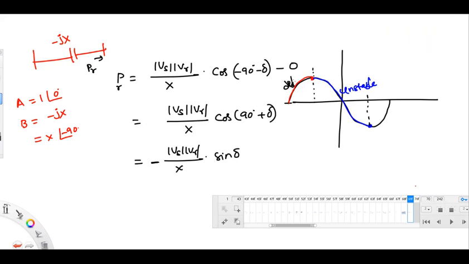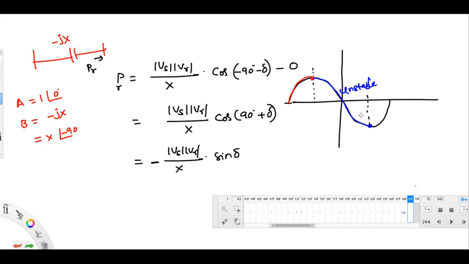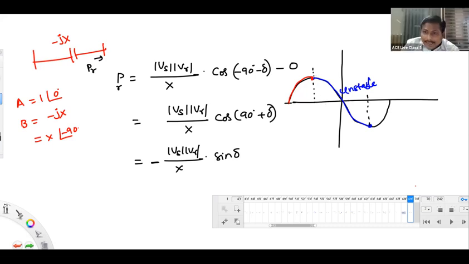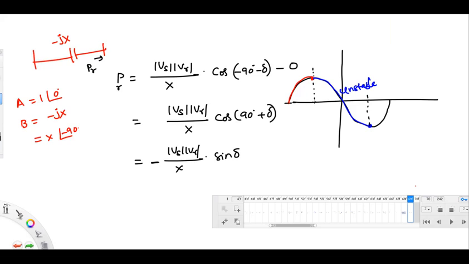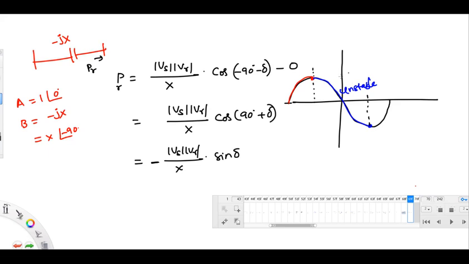Yes, then obviously the system is stable in that red color region, what I have shown. In this blue color region, sir, why is dP by d delta not negative? In the blue region, if delta is increasing, power is decreasing. Slope, dP by d delta, you calculate in this region. Slope is negative, no?